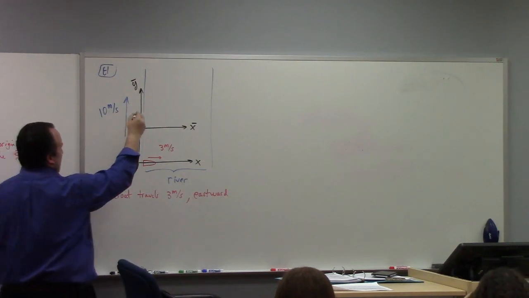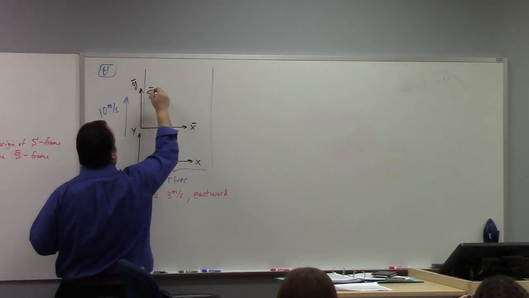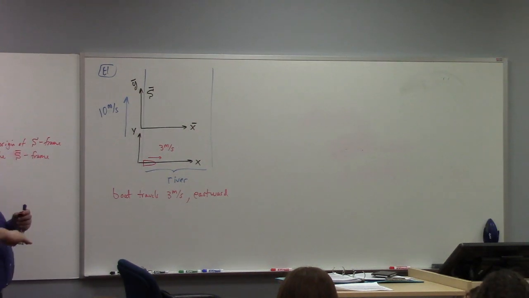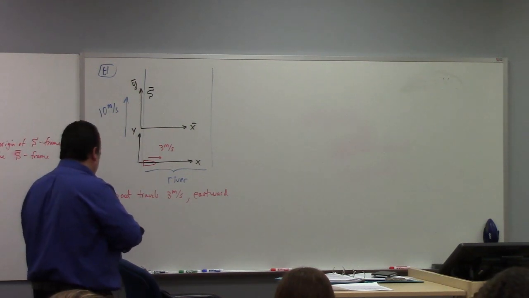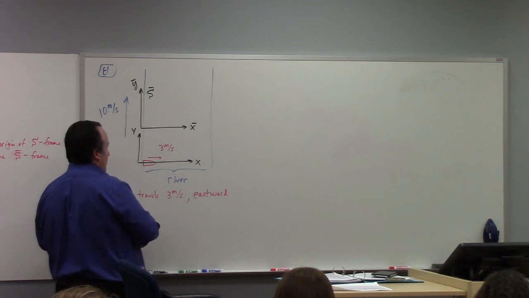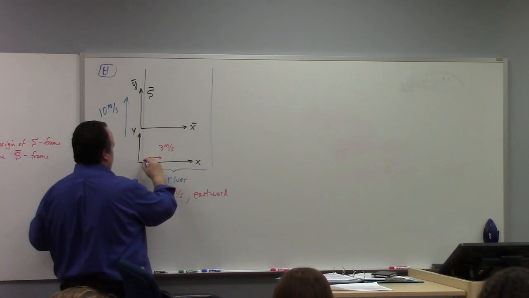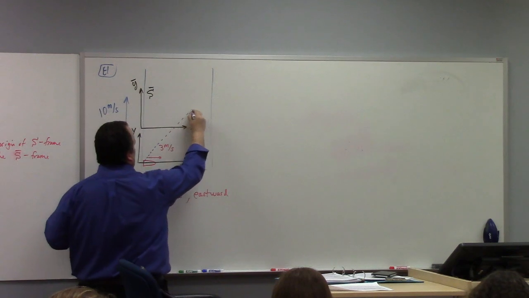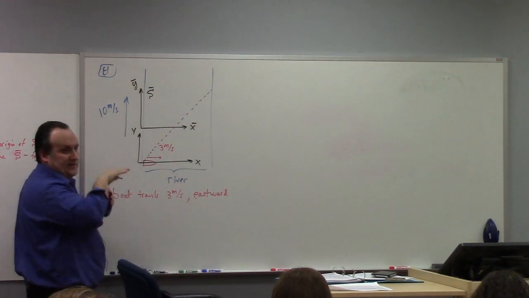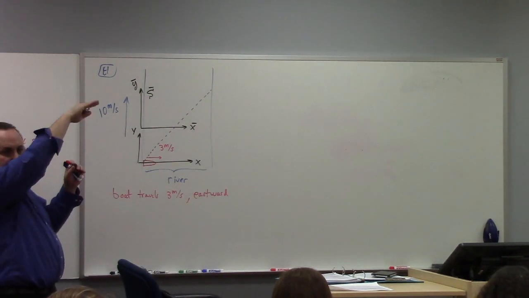So this is my S frame, and I'm saying that the S bar frame moves upward. So of course, as the boat moves, it does something like this, right? As it goes over, the river pushes it up.